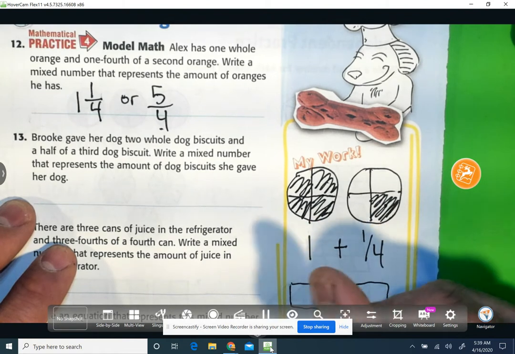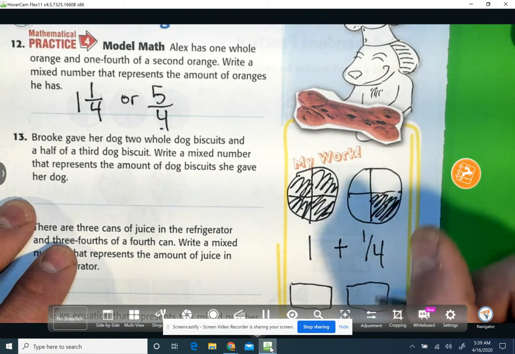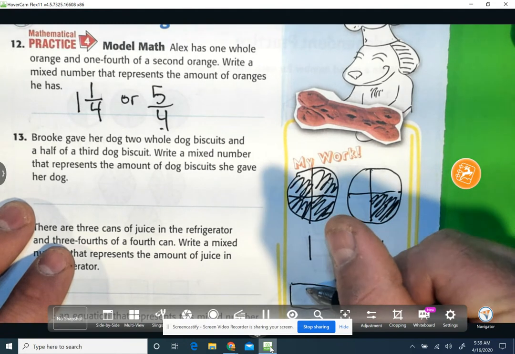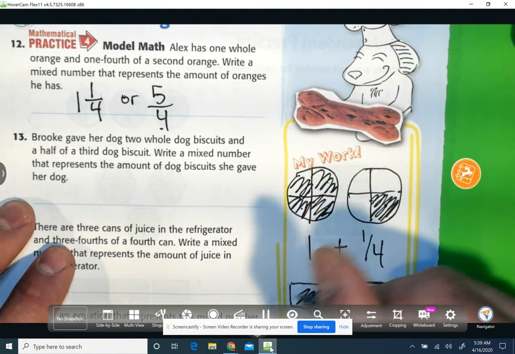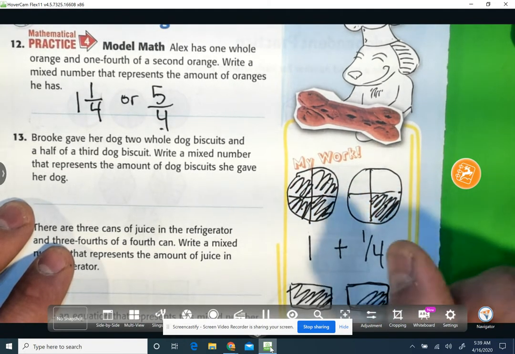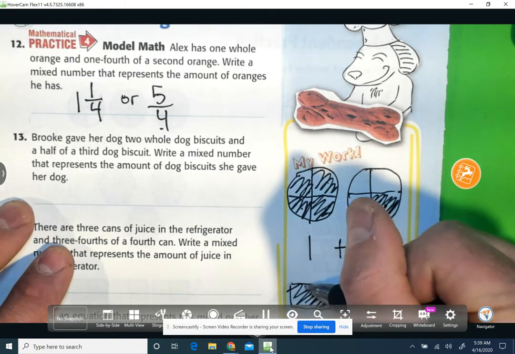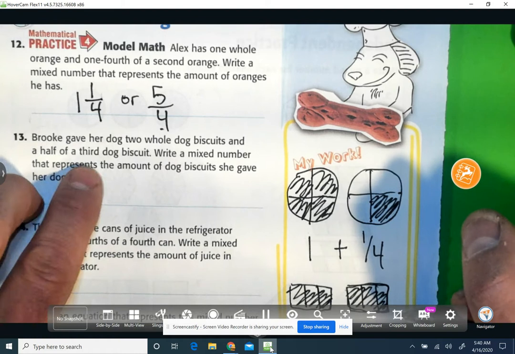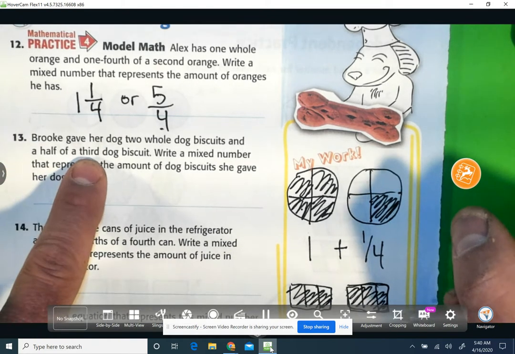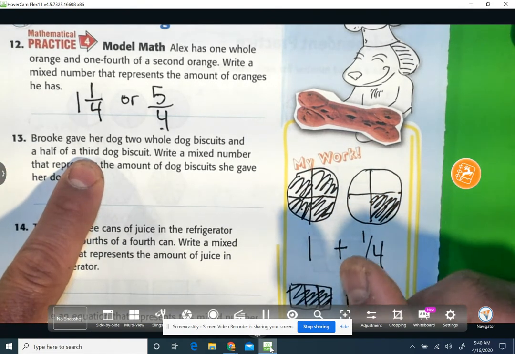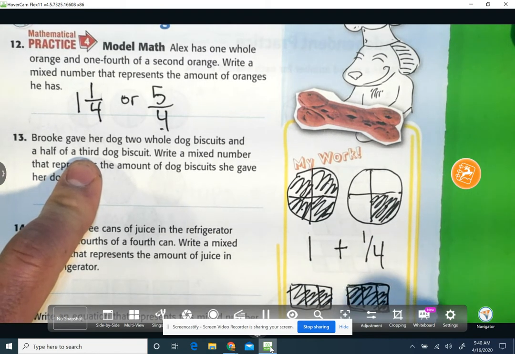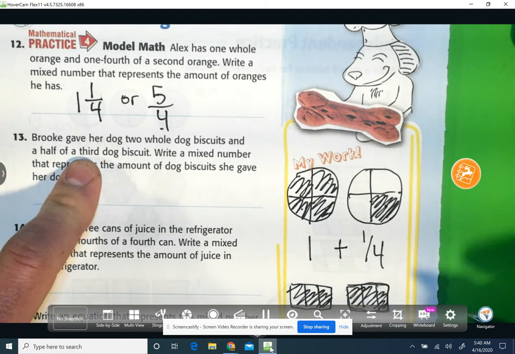Make sure all these biscuits are the same size, close to anyways. And she gave 1 whole biscuit, another whole biscuit, okay? Making sure that these biscuits are all in thirds. The fraction tells us third right there. We're dealing with thirds, okay? And then 1/3 of another biscuit.